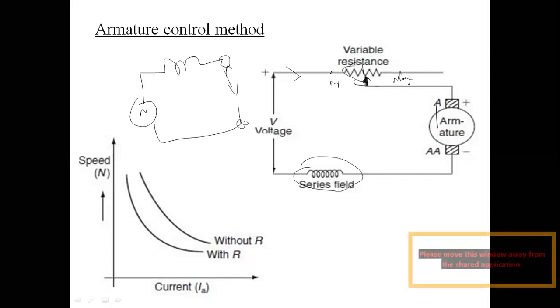If the variac is connected at the minimum position, then what will happen? The total supply current is going to pass through the armature. If you increase from 0 to the maximum value by increasing this resistor, the current is going to decrease.